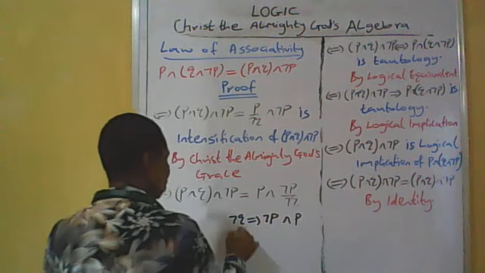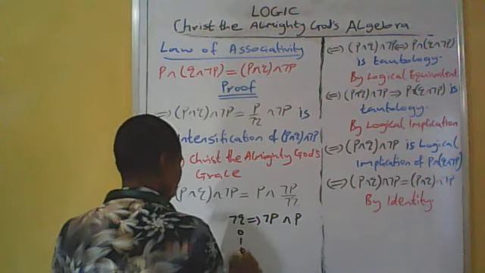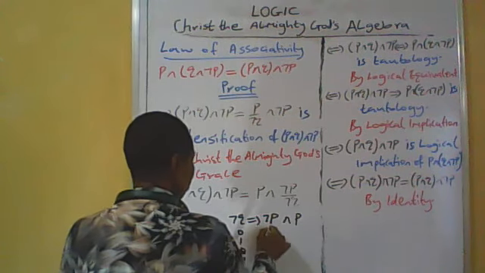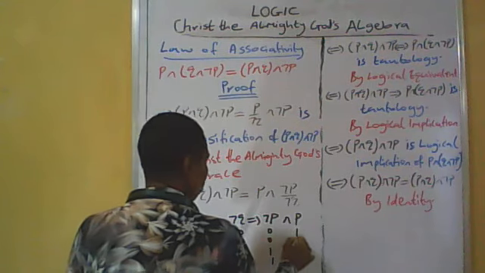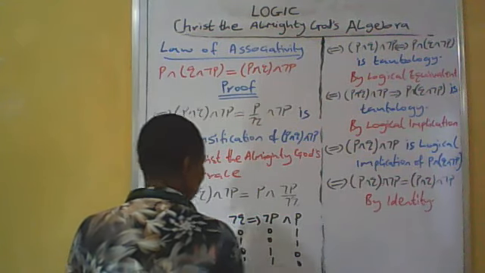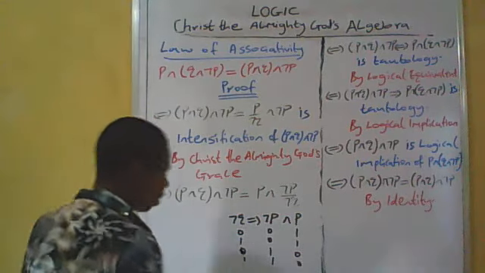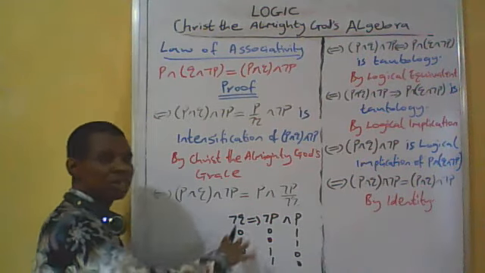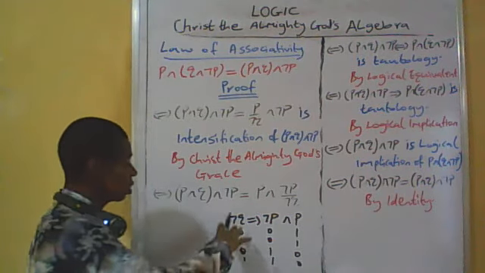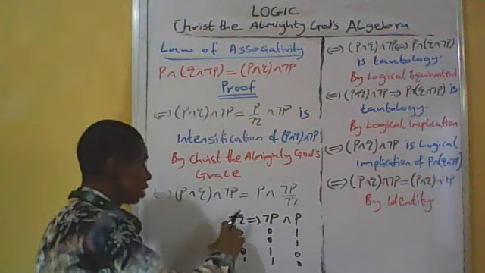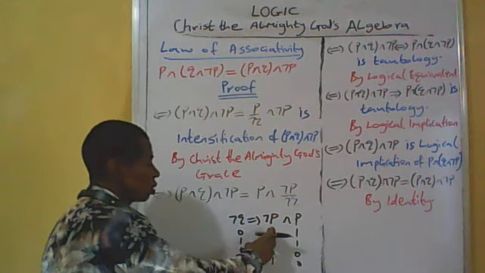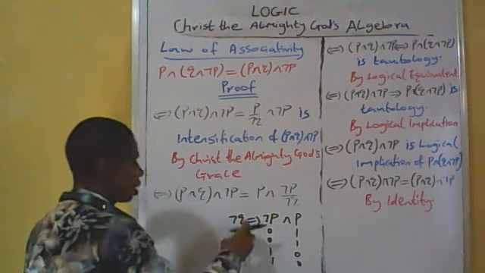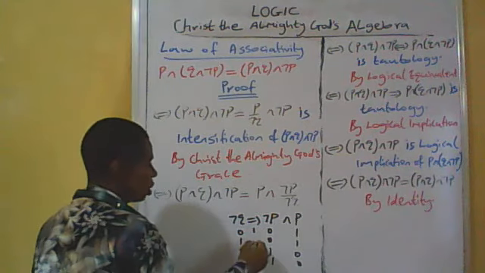Here we have 0, 1, 0, 1. Here we have 0, 0, 1, 1. Here you have 1, 1, 0, 0. So we can only obtain falsity whenever the antecedent is true, while the consequent is false. So here is true, here is false.